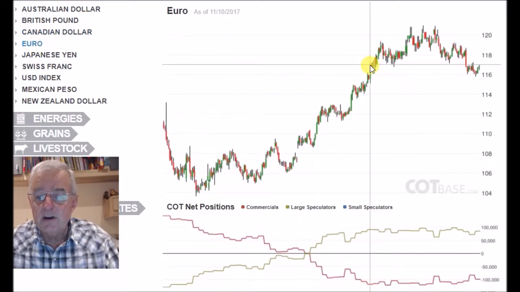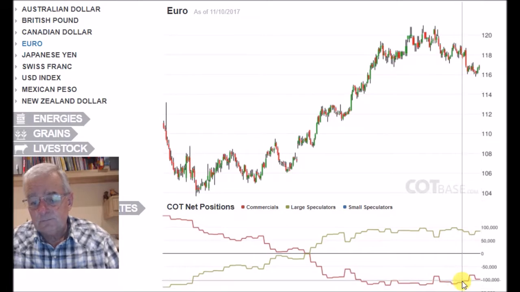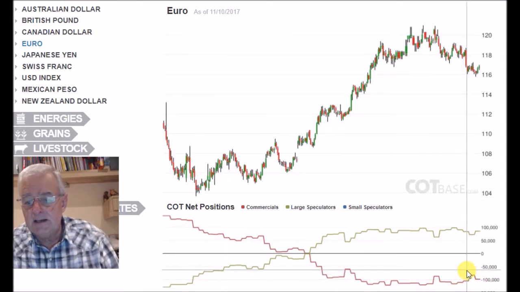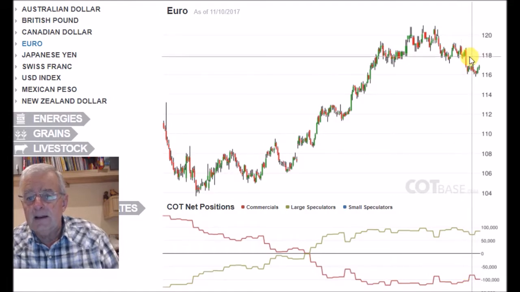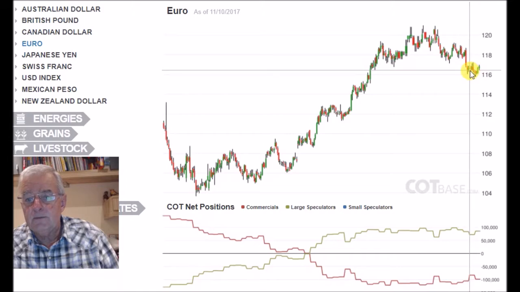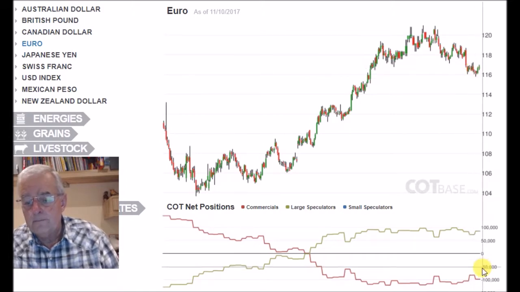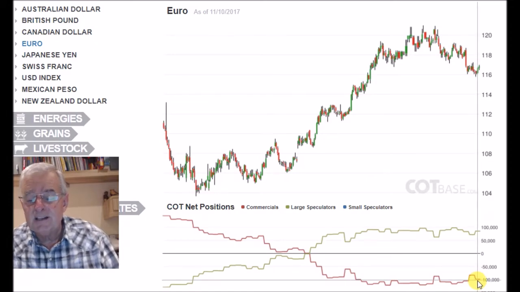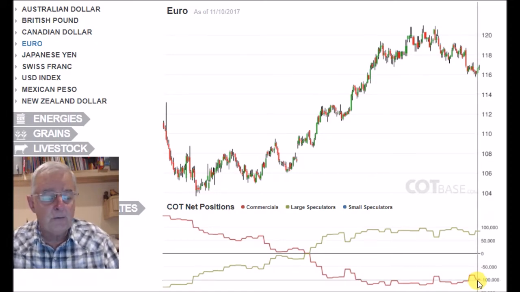The euro, we saw last week, as we've sold off the value of the euro, we've actually got more bearish on the commercials, and I am expecting quite a big fall in the value of the euro this week.